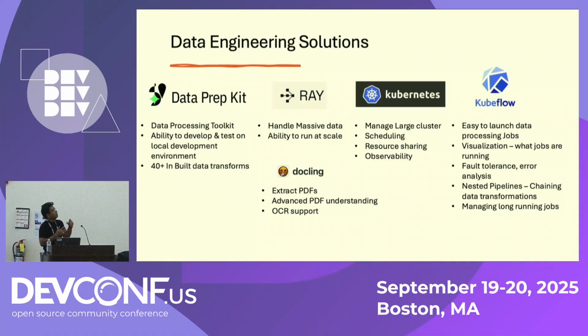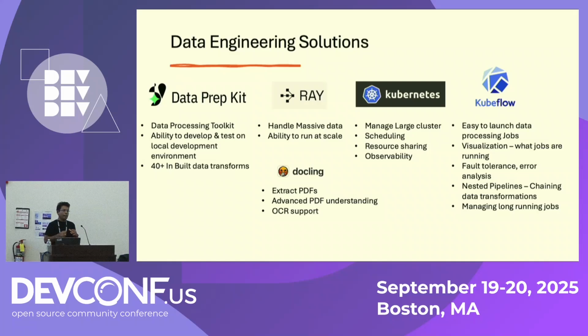Along with the data processing toolkit, we also need the ability to scale, because it will take hours and hours or days and days to run it on a smaller machine or a small cluster. So we need to be able to scale the job, and that's why we use Ray.